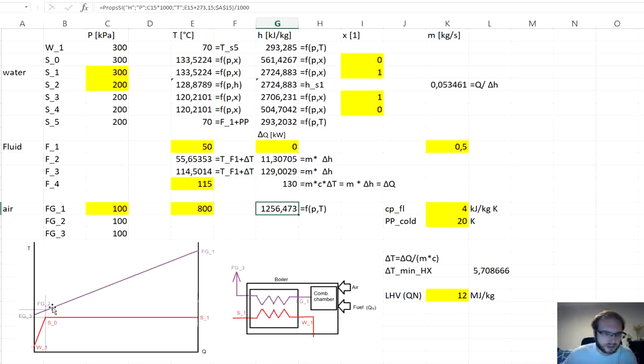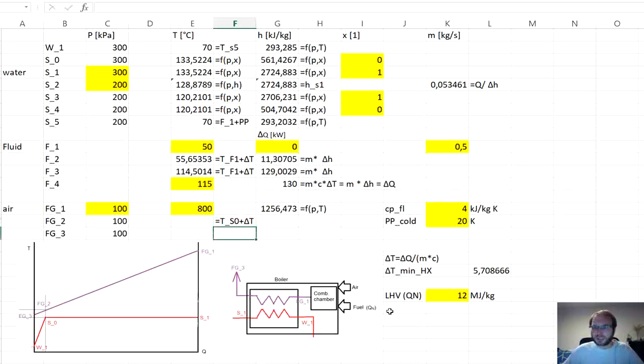Now how to get to the points 2 and 3. We can see from the QT diagram that at the point FG2 there is the minimum temperature difference. So the temperature at FG2 will be the temperature of S0 plus the minimum temperature difference, delta T. Just to make it nice, I will put in the delta from here.